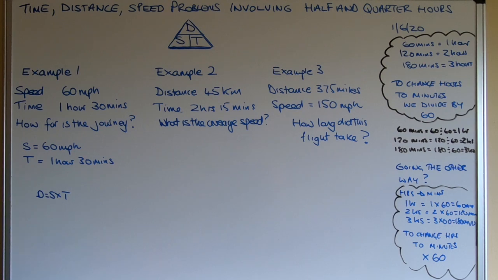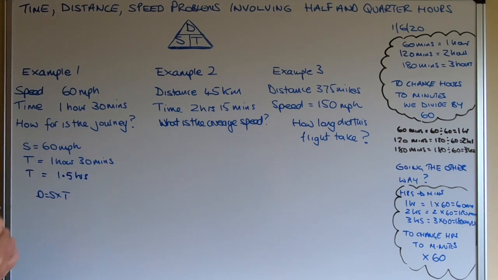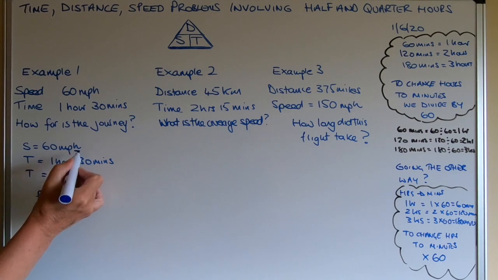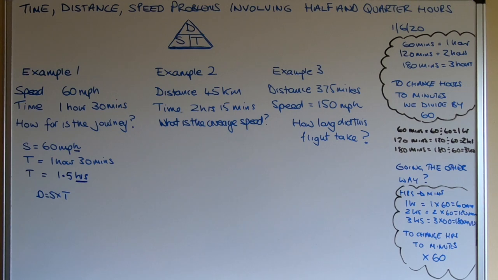Now 1 hour and 30 minutes. Can you see that that's 1.5 hours? And if we wanted to express that as hours only as a decimal fraction, it would be 1.5. So the time is 1.5 hours. Now we're quite happy. Our speed is in miles per hour and our time is in hours. So we're ready to go.